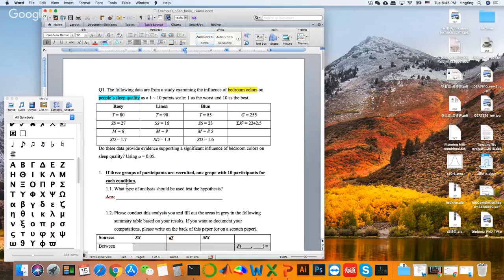Let's read the question, right? If 3 groups of participants are recruited, one group with 10 participants for each condition. So we can see here the keyword is 3 groups, one group for each condition.